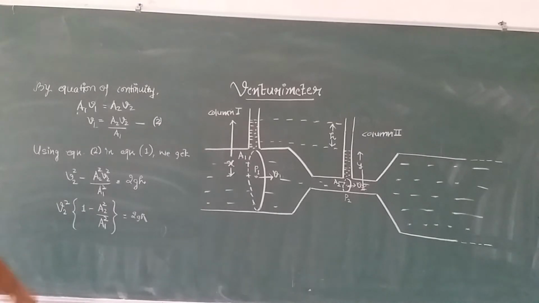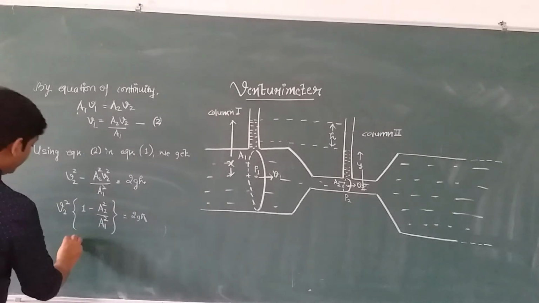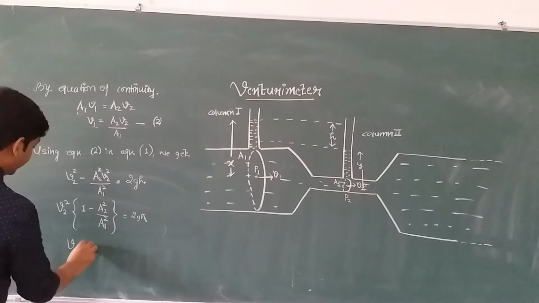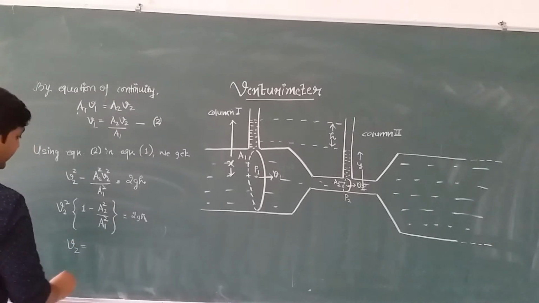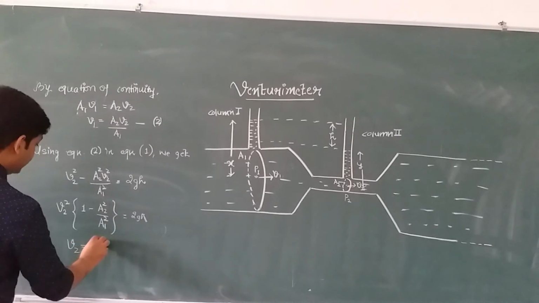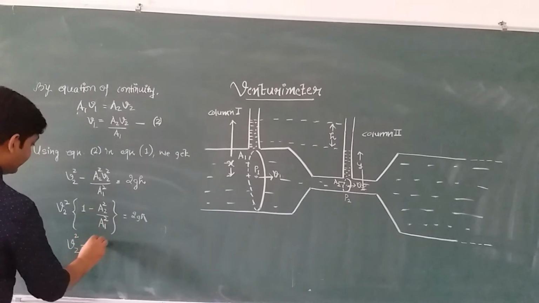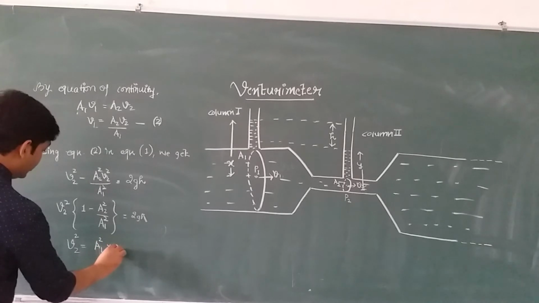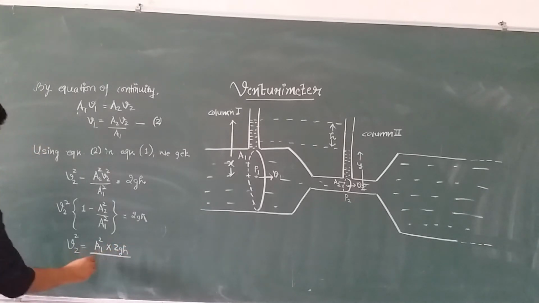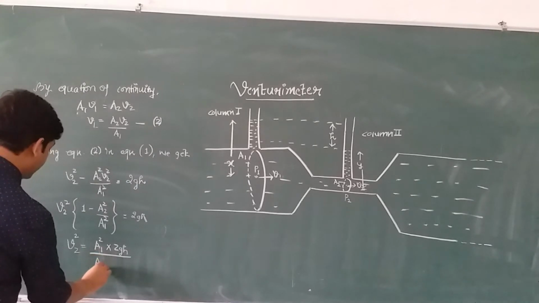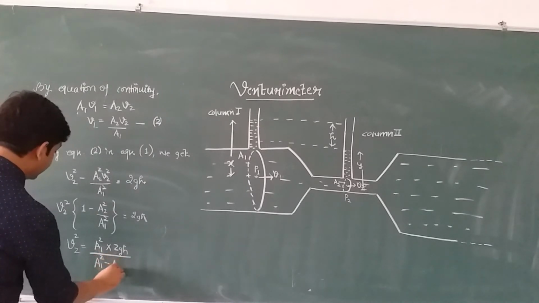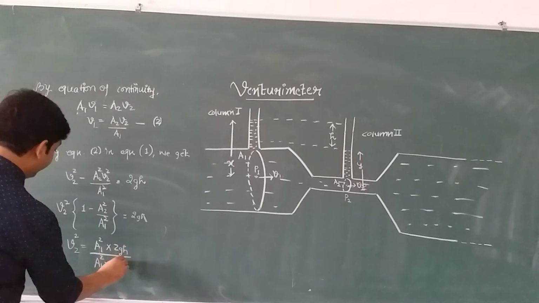So from here the value of V2 will be equal to what? V2 square will be equal to A1 square into 2gh upon A1 square minus A2 square. Fine.